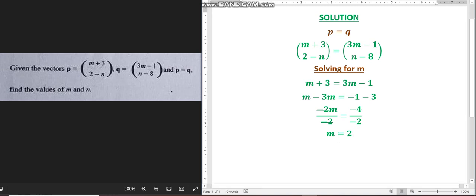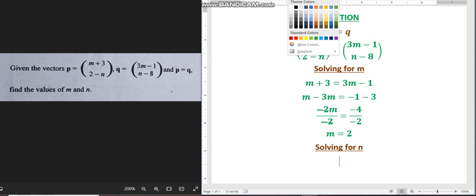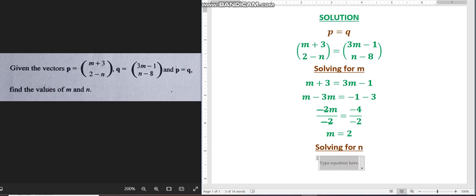We are going to do a similar thing to solve for n. So, solving for n. The n coordinates are 2 - n = n - 8.